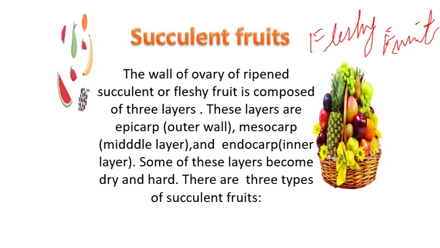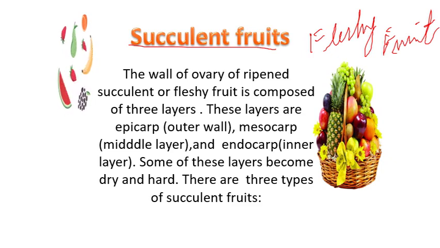So such type of schizocarpic fruit is called regma. The next type of fruit is simple fleshy fruit, or we also call it succulent fruits. The definition of succulent or fleshy fruit is that the wall of the ovary of the ripened fruit is composed of three layers.